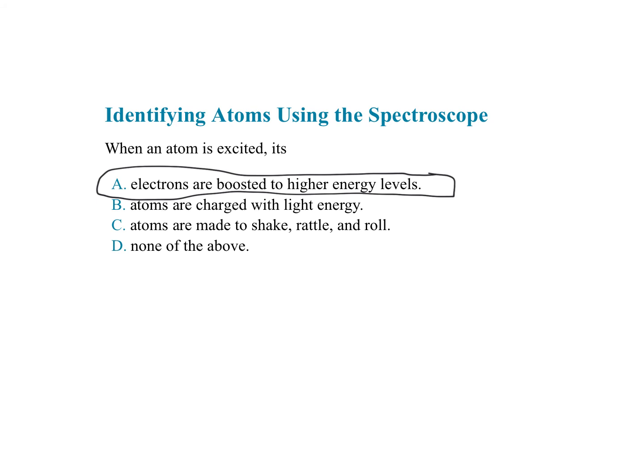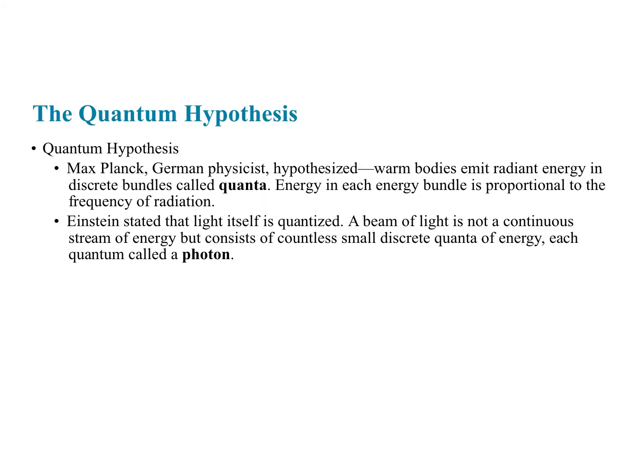Now, in the very late 1800s and early 1900s, a German physicist named Max Planck hypothesized that when you heat something up and cause it to emit light, the radiant energy that comes off does so in discrete bundles called quanta.